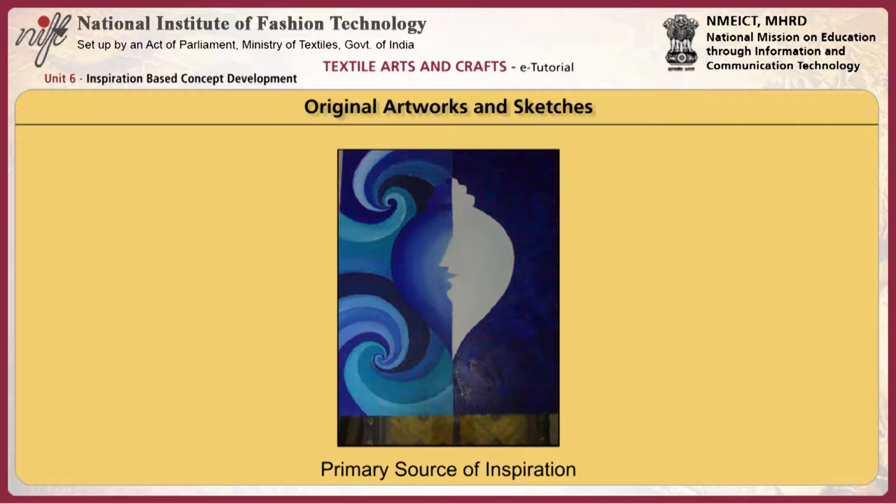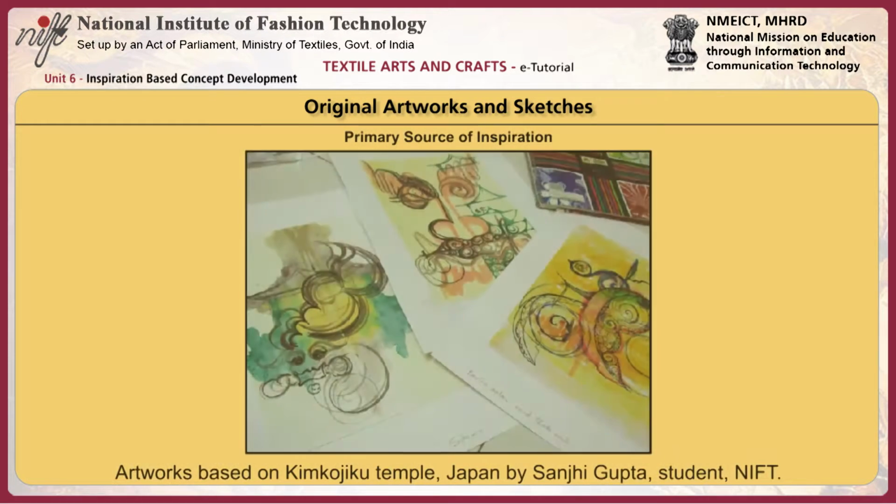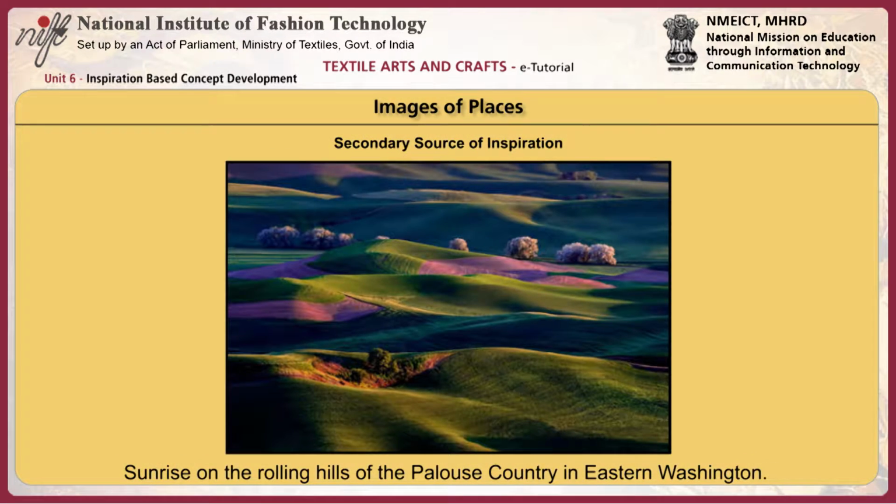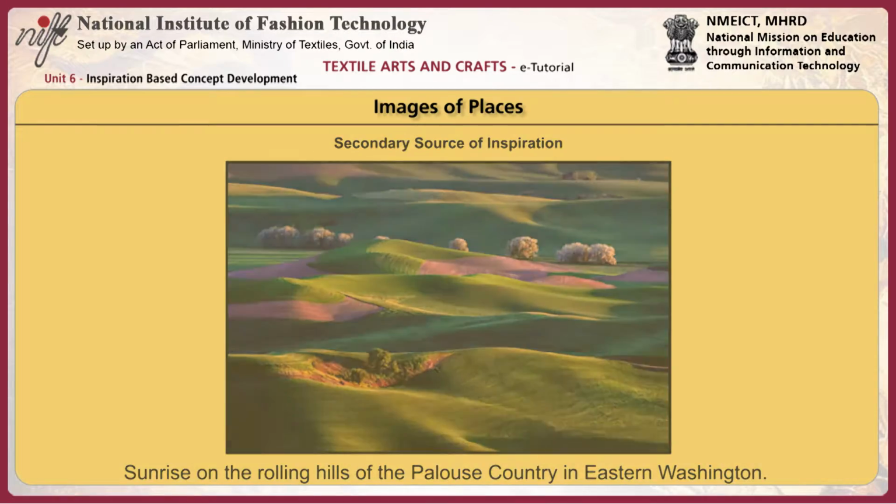This work of art, the calm current, is an example of a primary source of inspiration. These are artworks based on the Kinkakuji Temple, Japan. This picture shows a sunrise on the rolling hills of the Palouse country in eastern Washington.